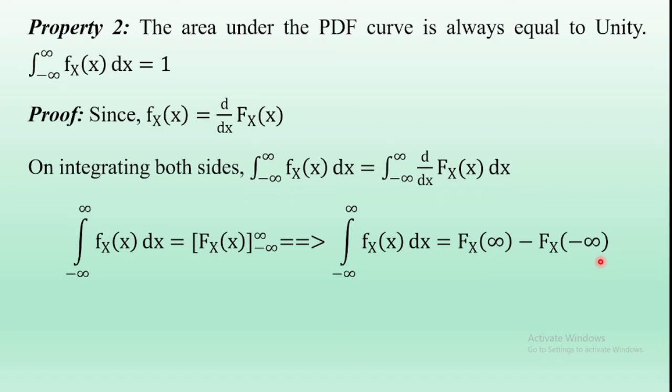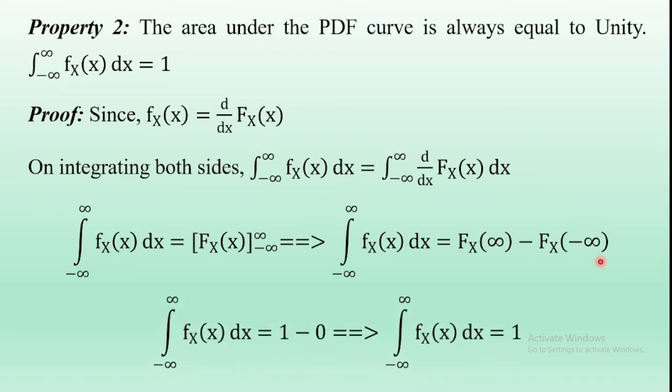From the properties of the cumulative distribution function, FX(plus infinity) is 1, and FX(minus infinity) is 0. So using that property on the RHS term, FX(plus infinity) is 1, FX(minus infinity) is 0. 1 minus 0 is equal to 1.